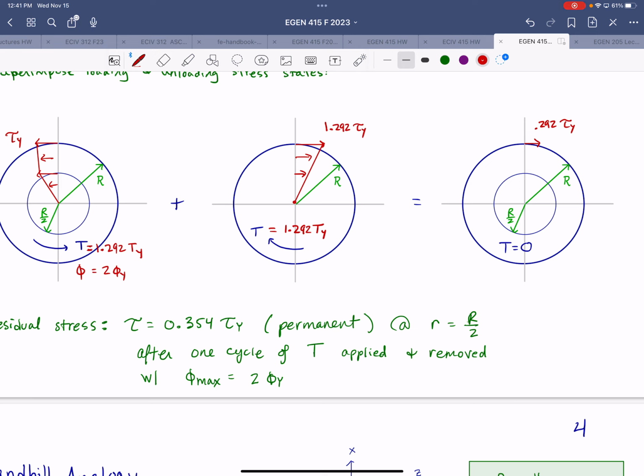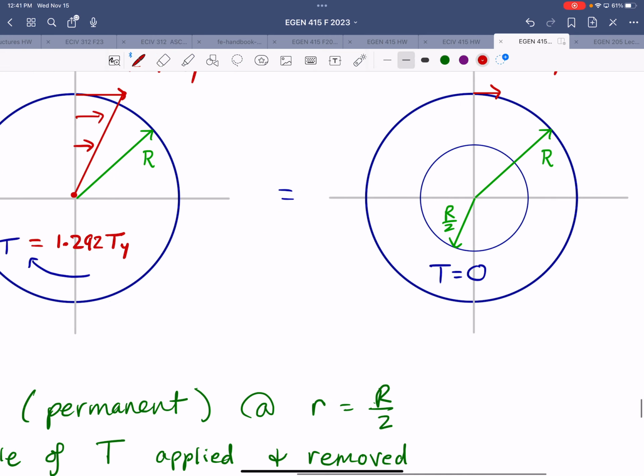And then at the final yield front, the point where yielding had just occurred when we started unloading, that value will be 0.354 times the yield stress. Draw that. Zoom in.